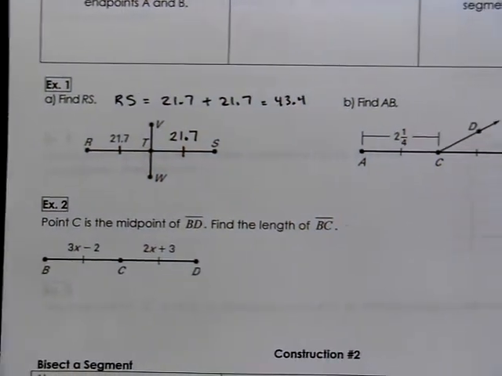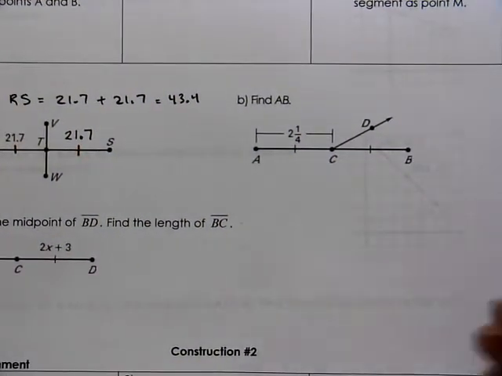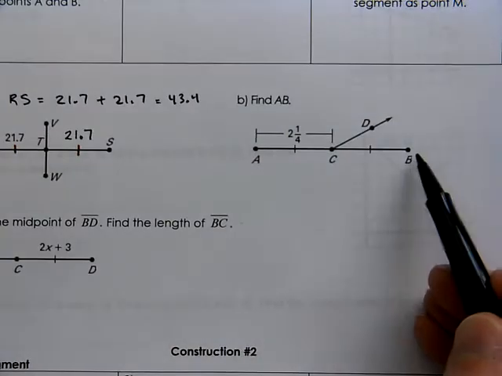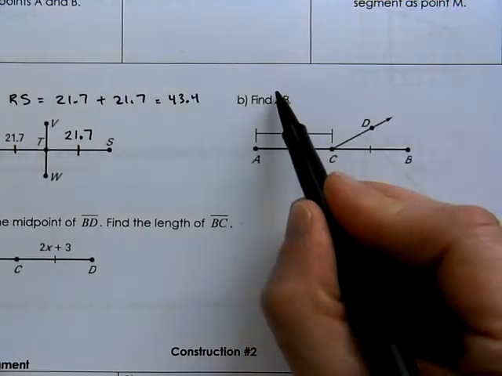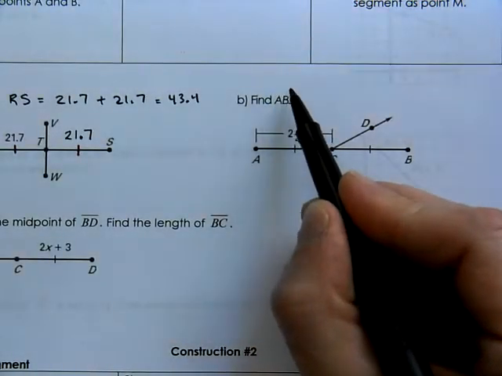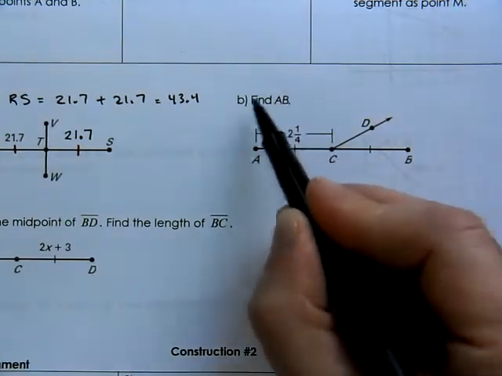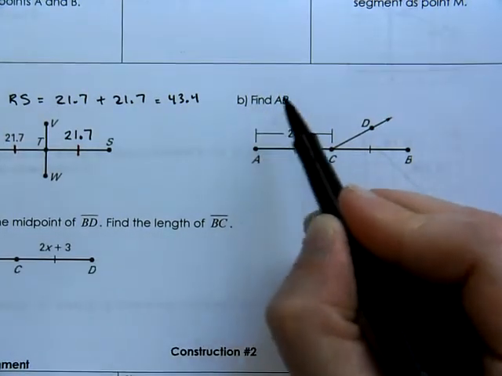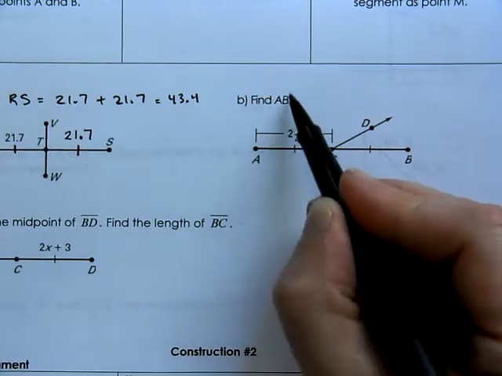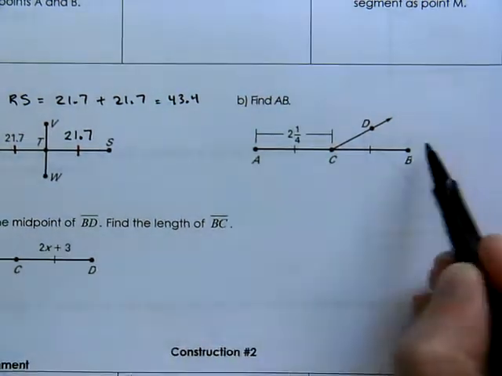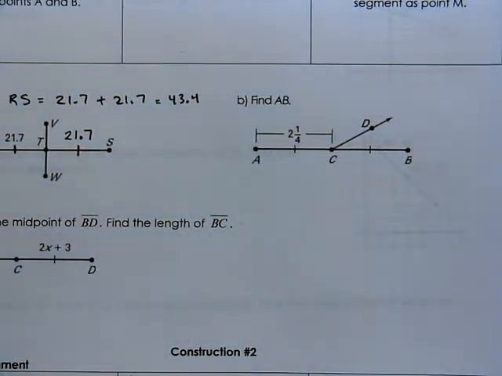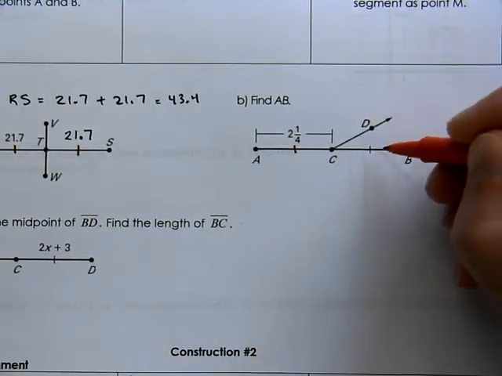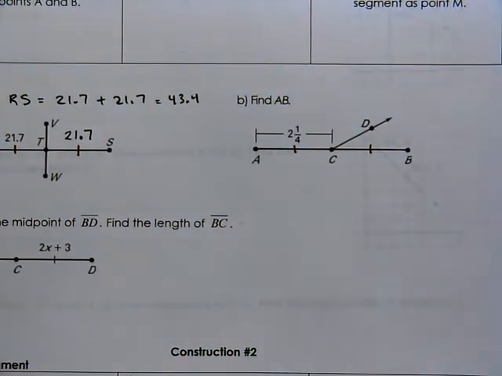We see something similar in this next diagram. It says find the length of segment AB. Notice there's no bar above the letters AB, so again we're talking about the length. When it says find AB, it doesn't mean find the figure AB, it says find the length of AB. So we want to add up these two pieces, and again you can see those tick marks on either side of point C indicate we have two congruent halves.